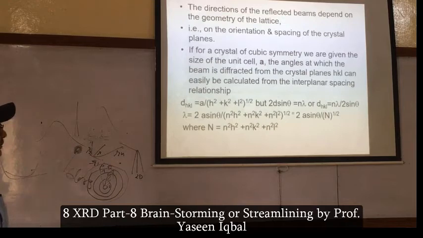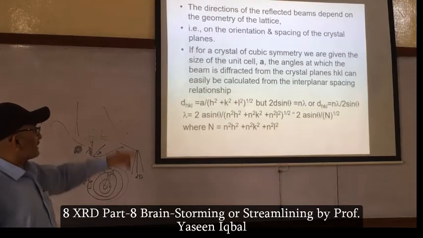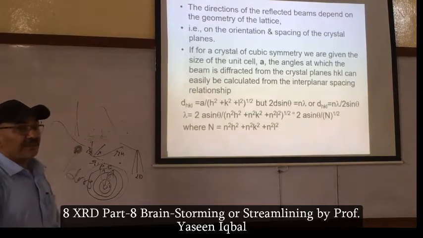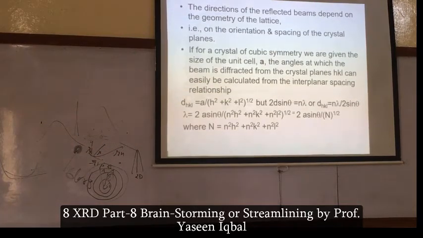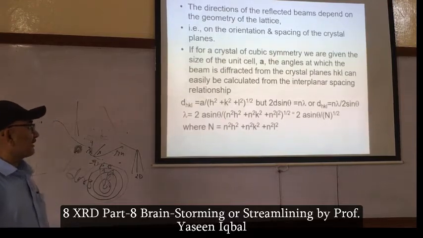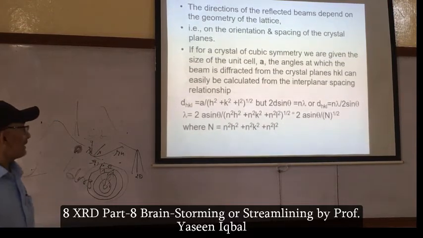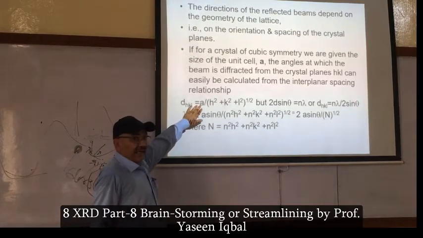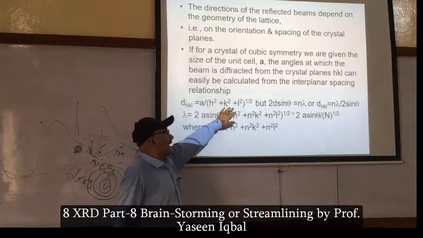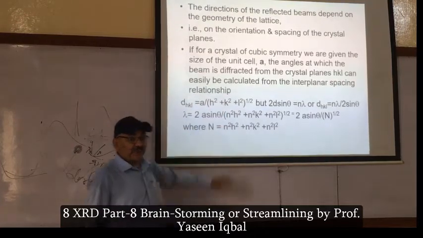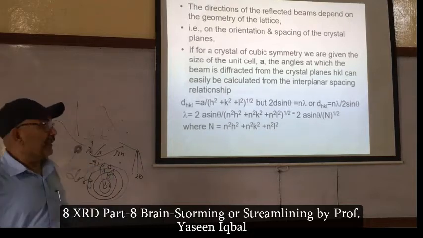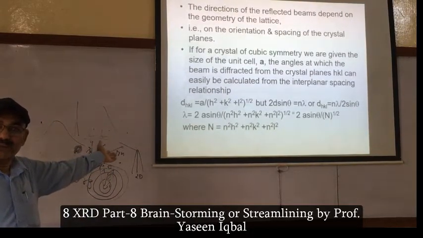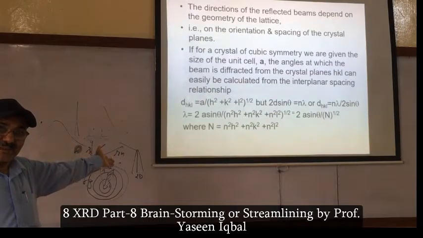If for a crystal of cubic symmetry we are given the size of the unit cell A, the angle at which the beam is diffracted from the crystal plane HKL can easily be calculated from the interplanar spacing, because D equals A over the square root of H squared plus K squared plus L squared. So for HKL, you put in the values, you know A, and you can determine from there the interplanar spacing, right?